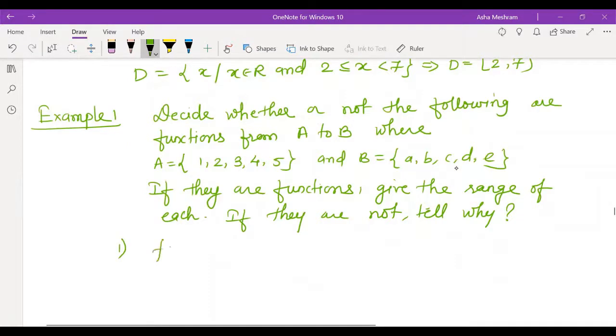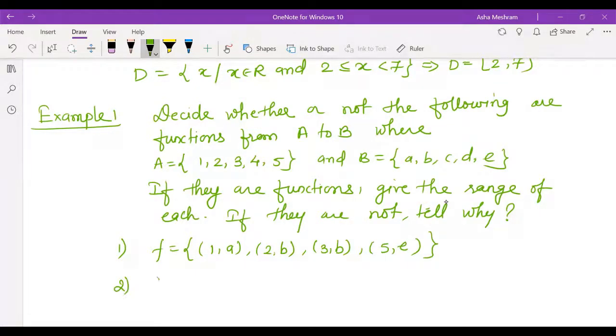Number 1 is F, which contains the ordered pairs 1A, 2B, 3B and 5E.